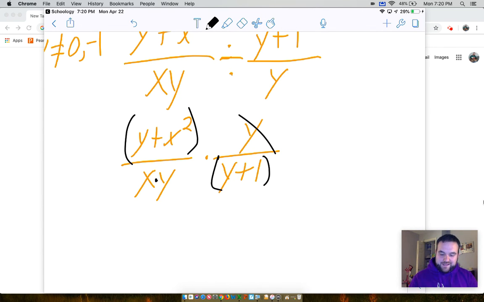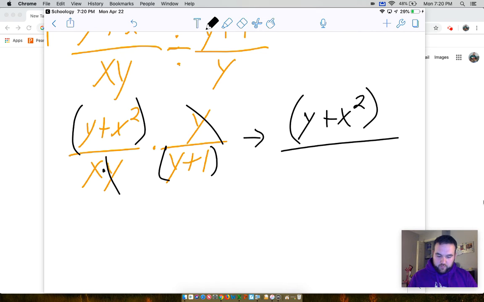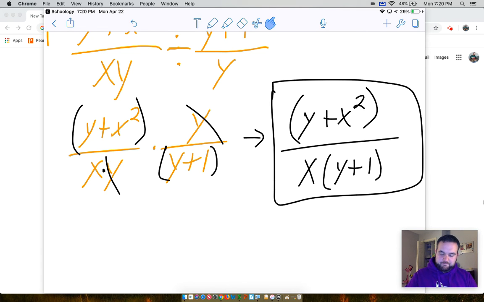So this y on top with no plus or minus can cancel that y on bottom with no plus or minus. So what I end up with is y plus x squared, that's my entire numerator, over, on the bottom I have the x from the left, and I have the y plus 1 from the right. This is then my final answer.